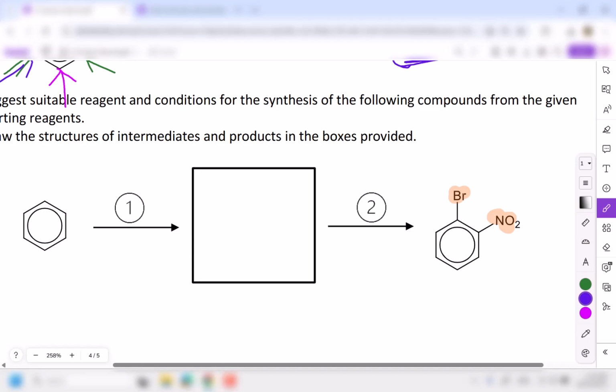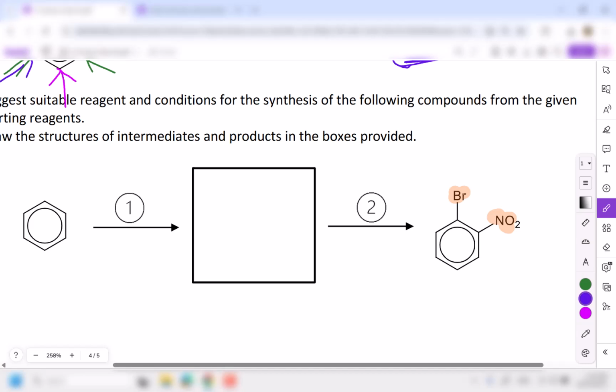Therefore, based on this logic, if you introduce Br first, the chance of having NO2 in a position next to it is significantly higher as compared to when you introduce NO2 first, because when you introduce NO2 first, the Br will likely be directed to the third position. So I'm definitely not going to form nitrobenzene first. I'm going to form bromobenzene first. I hope you get this thought process.